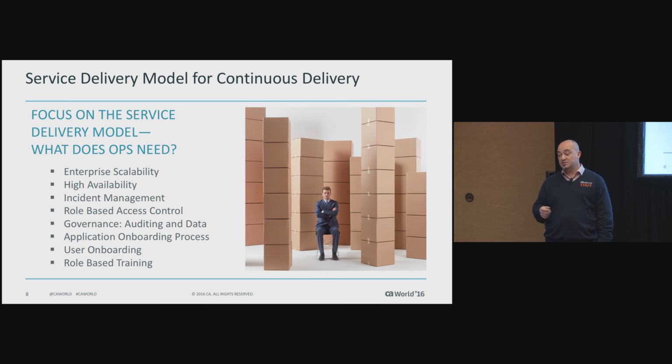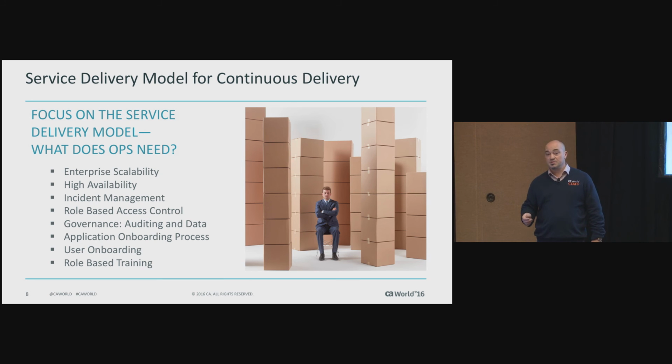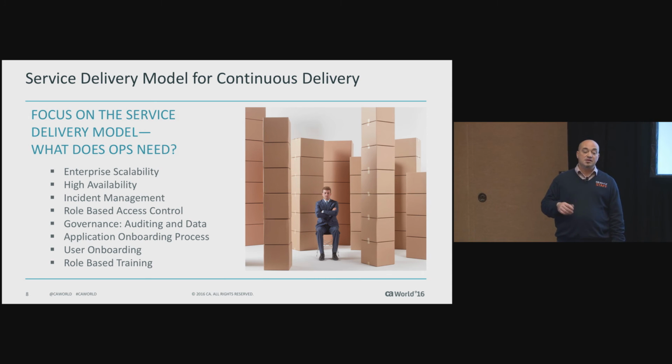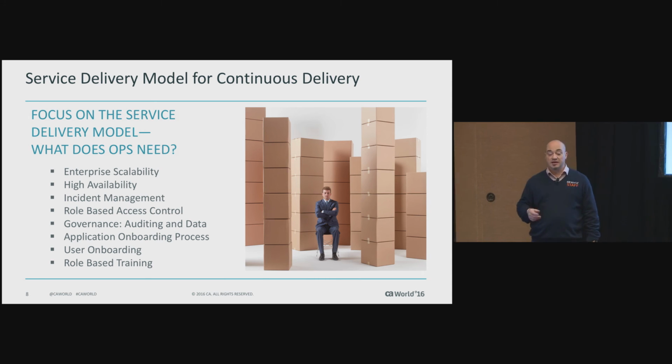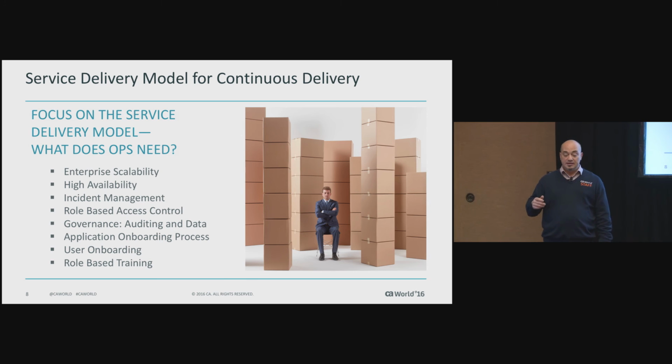They're more focused on things like scalability of the application, availability of the application, making sure that there's proper incident management so they can reduce mean times to repair, access control and security control. These are the things that on the operations side they need in their enhancements to an application, right?